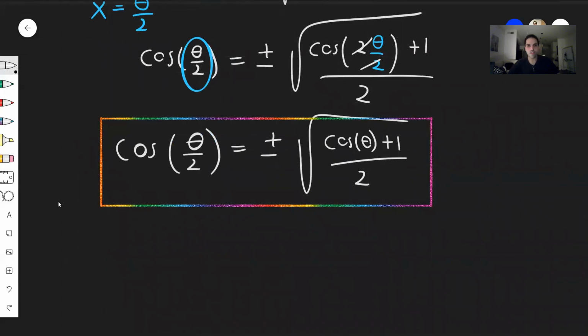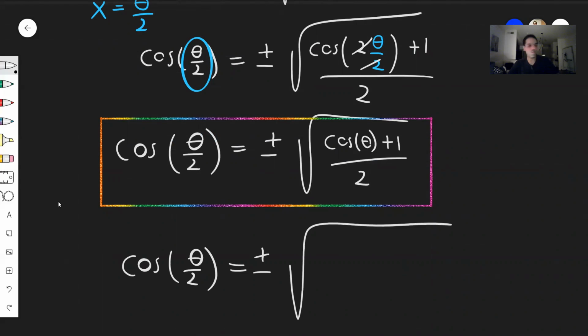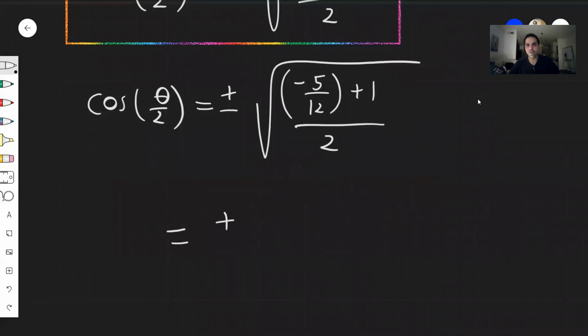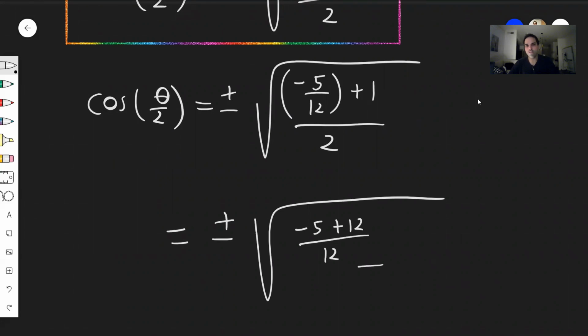2. So in this case, this becomes plus or minus square root. So cosine theta was minus 5 over 12 plus 1 over 2. I know it's quite nasty, but you simplify this. So square root of minus 5 plus 12 over 12 over 2.